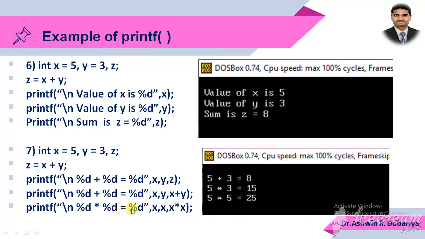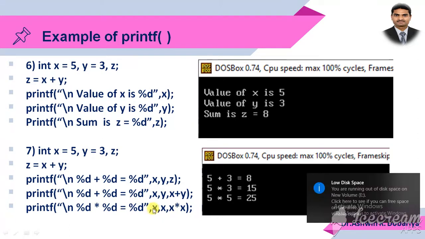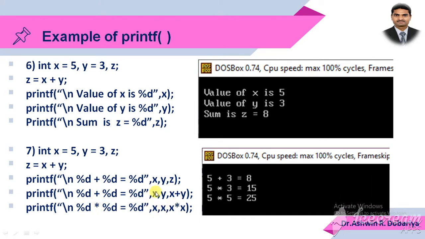Then the answer is displayed in place of this %d. Here x we are repeating 2 times, so the first x value is displayed over here, so 5, again the same value x is displayed over here, so 5, then here x multiplied by x means 5 multiplied by 5 means 25, so 25 is displayed over here. So in that way we can write the printf function in these different ways.